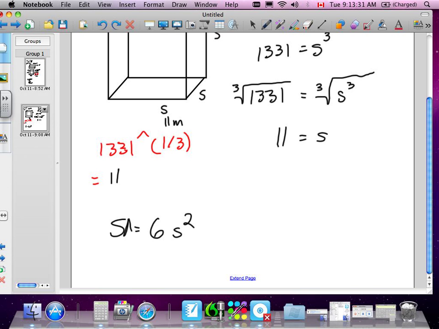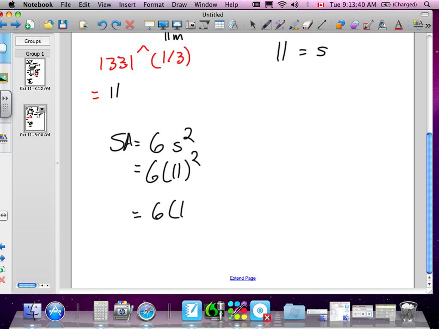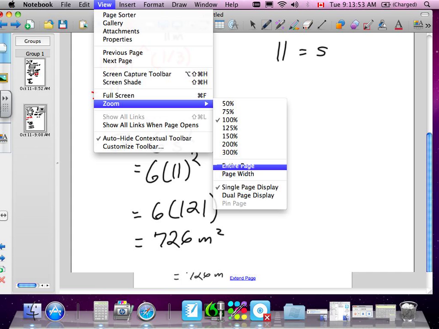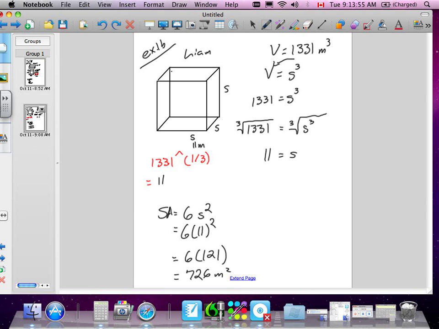We knew our sides were 11, so we're going to plug that in. 6 times 121, since 11 squared is 121, and 6 times that will be 726 meters squared. So what we just figured out was that with a volume of 1,331 meters cubed, the minimum surface area would be 726 meters squared. So we minimized surface area in this example. In the example before, we maximized the volume.